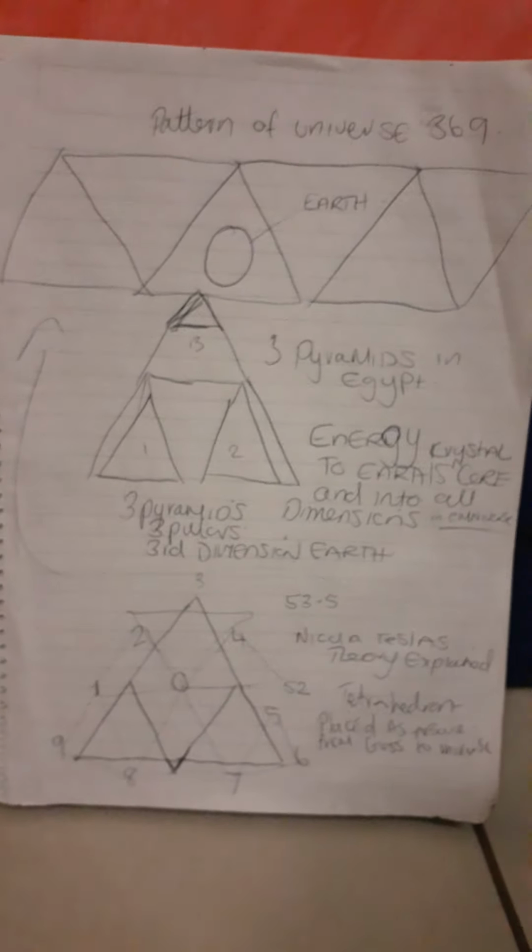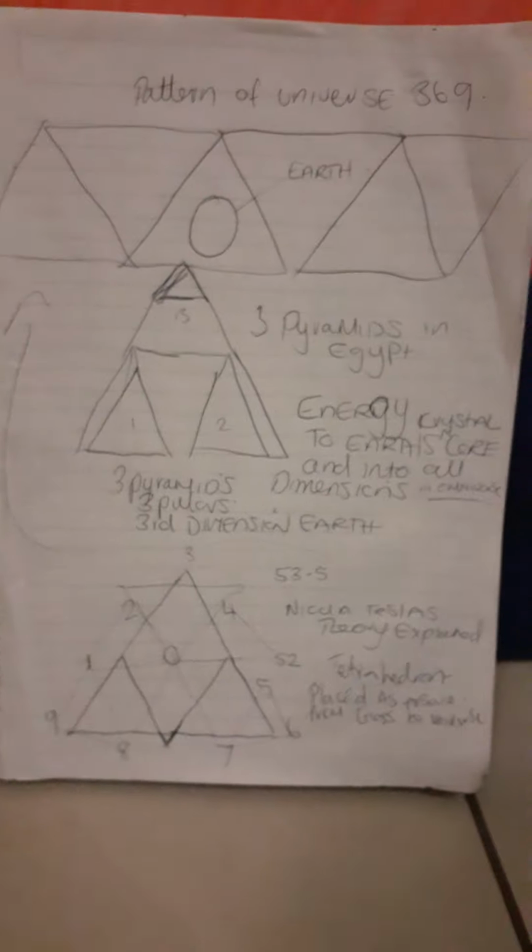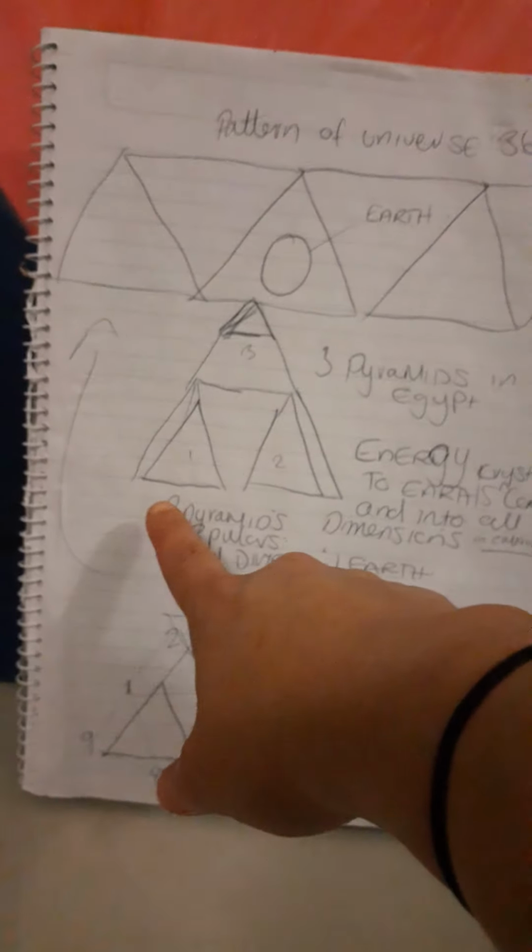Now, I have lots of study I've done. These are my rough templates. So, we have the 3 pyramids here, 1, 2, and 3, yeah? There's also a pattern that's made.